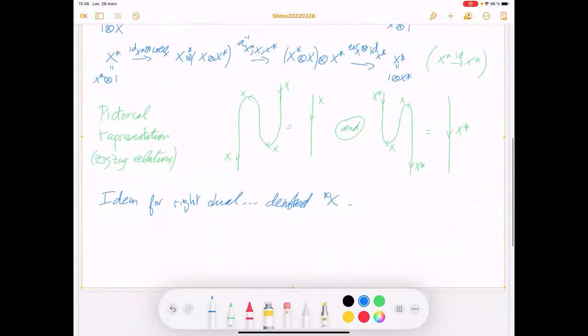And so the same, and we can take the following.